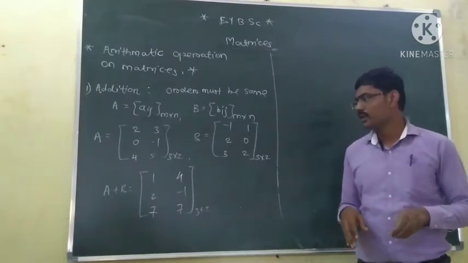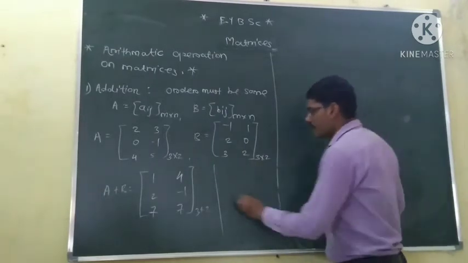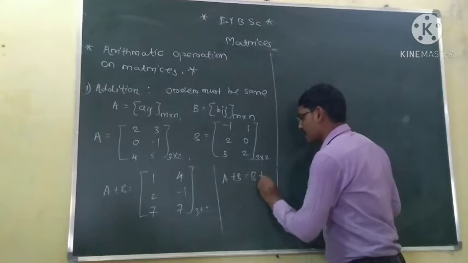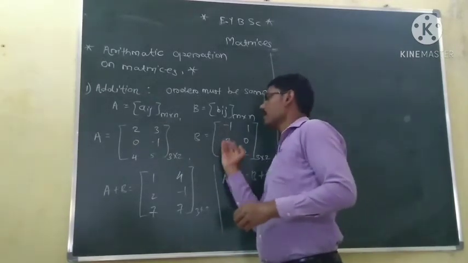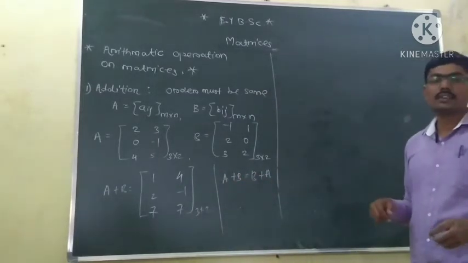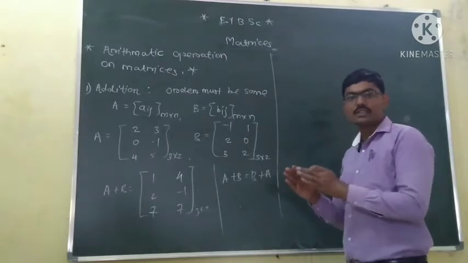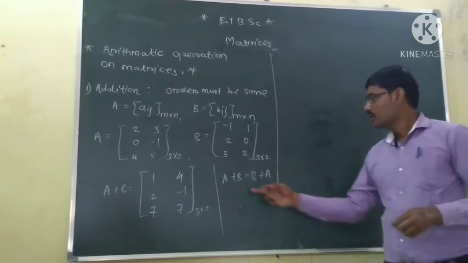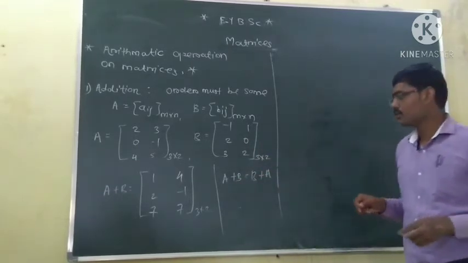The commutative property is that the addition of two matrices A plus B is the same as the addition of matrices B plus A. If you add A plus B or you add B plus A, the answer will be same. And the other property is associativity of addition. Not multiplication. We are not talking about multiplication, only about addition. So this is the commutative law. So matrix addition is commutative.